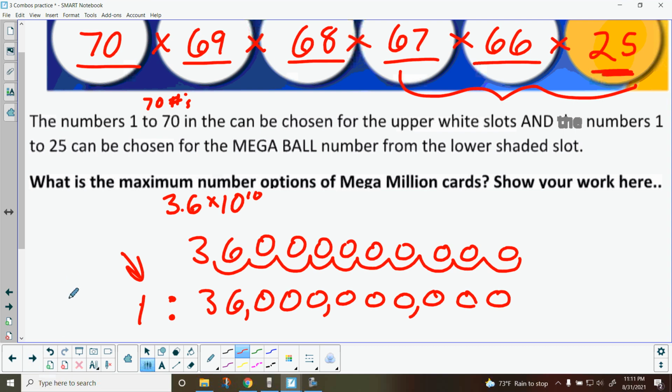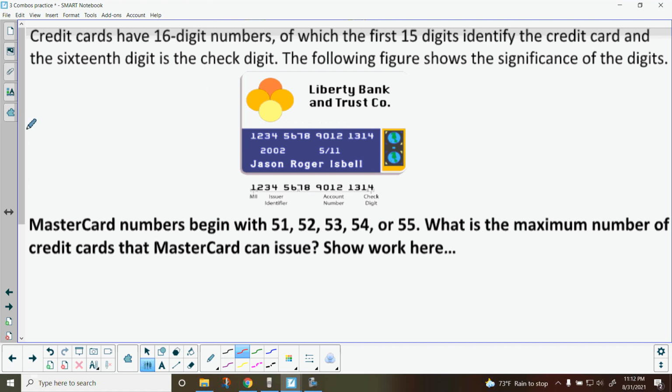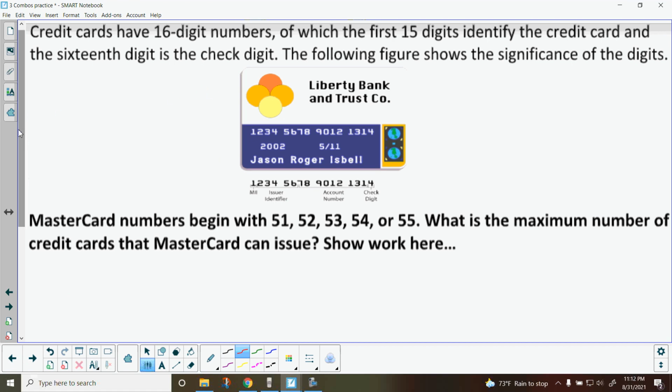Credit card numbers. This will be the last one, and then you can work on your own, because I was trying to make sure this video is short. Credit cards have a 16-digit number, of which the first 15 digits identify the credit card, and the 16th digit is the check digit. You can see that with this display right here.